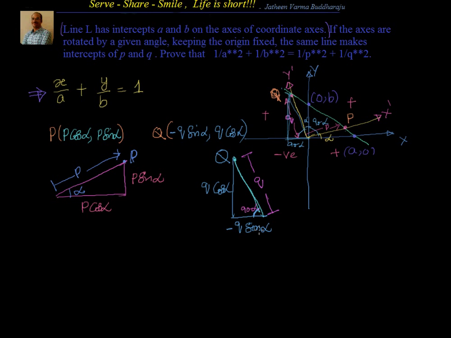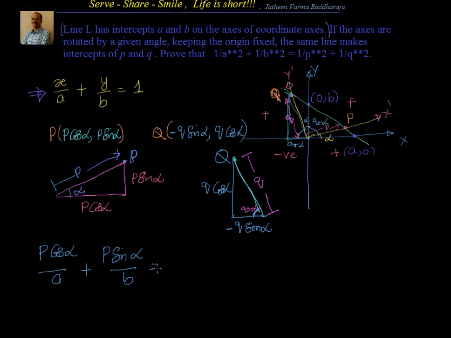Now we will try to leverage this equation, x by a plus y by b equal to 1, and these 2 points P and Q should be points on the line. So we will leverage that particular property and we'll try to solve it. So let's go to the next step. What we will write down now, substituting P cos alpha comma P sin alpha, we have P cos alpha by a plus P sin alpha by b equal to 1.